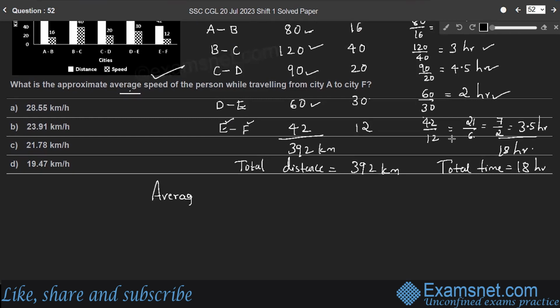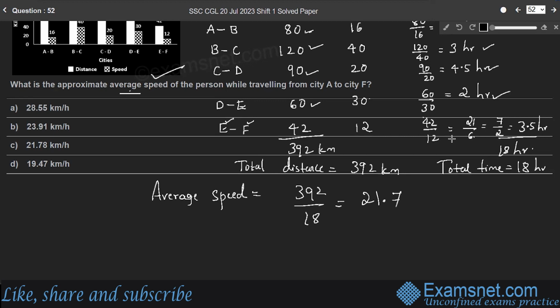Therefore, we need the approximate average speed. Average speed is equal to, the formula says, total distance by total time taken. So 392 by 18, right? Which is equal to 18 into 2, 36. Then 18 into 1, 18. So 28. So 14 is the remainder. So 18 into 7, 126.